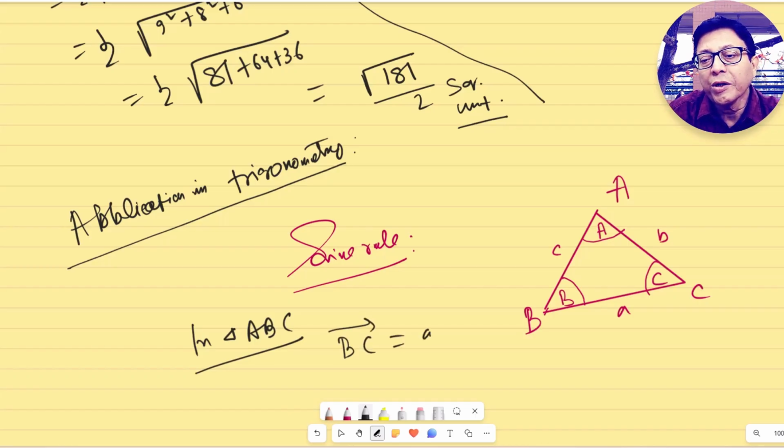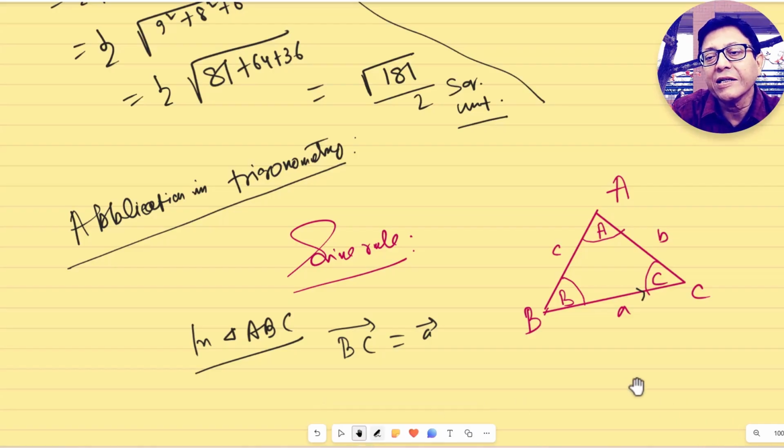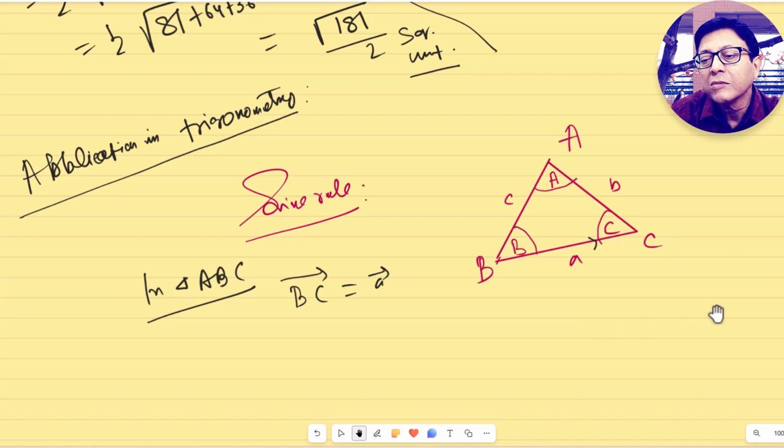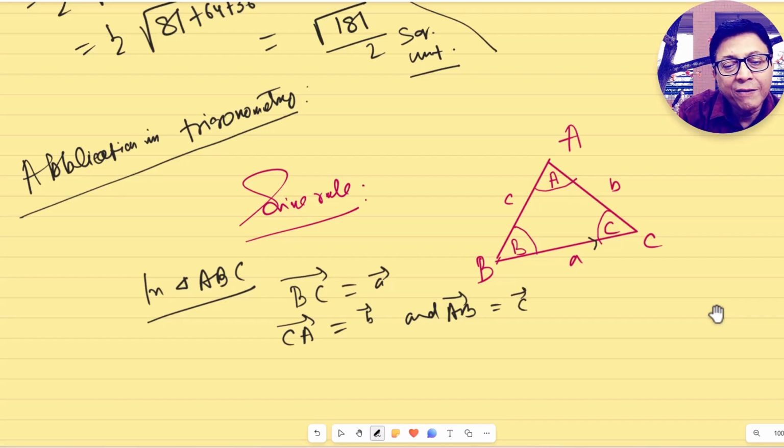For the sine rule, you have to take all three angles and their opposite sides. ABC is the triangle. This is A, this one B, this one C. Angle A, angle B, and this is angle C. Okay?